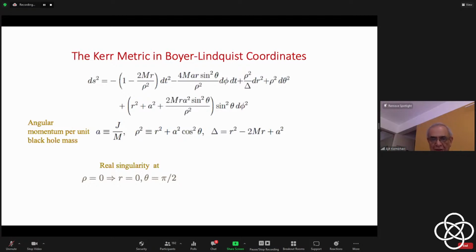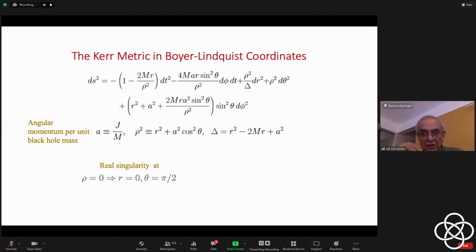But in this particular case, rho is equal to 0. For rho to be 0, you need two conditions to be satisfied: one, r is equal to 0, and the other, theta is equal to pi by 2. Please see that these are independent conditions. If I just have theta equal to pi by 2, it will be a finite value of r. If I have just r equal to 0, then rho will not be 0. Both have to be 0.